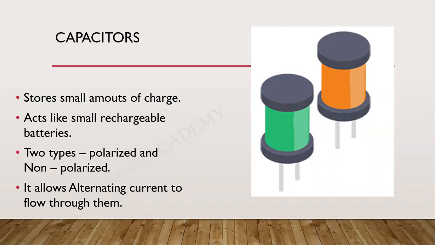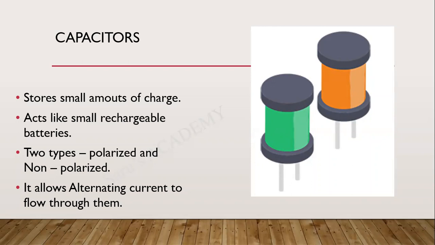And one more thing, what is called a capacitor? The capacitor is a two-terminal electrical device which can store energy in the form of an electrical charge. It stores energy in the form of electrical charge.